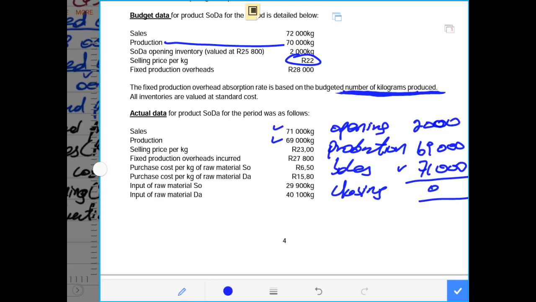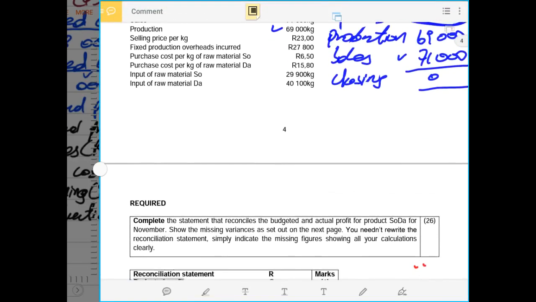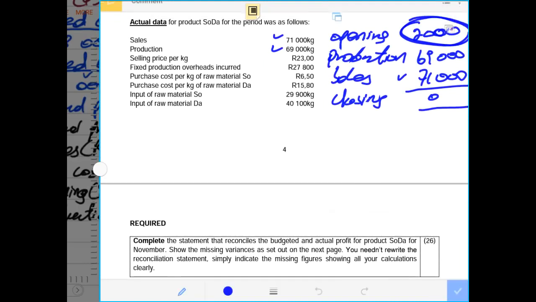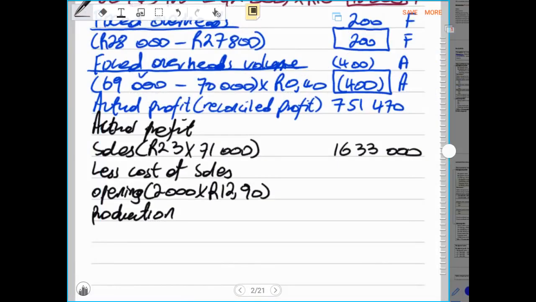That's why we take that into account, but we don't know the cost price of these units, because the opening units must have been manufactured in the month of October, as our actual information is for the month of November. So opening inventory is the closing of the previous period.